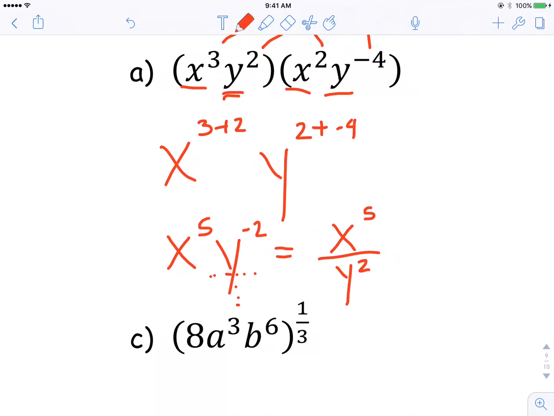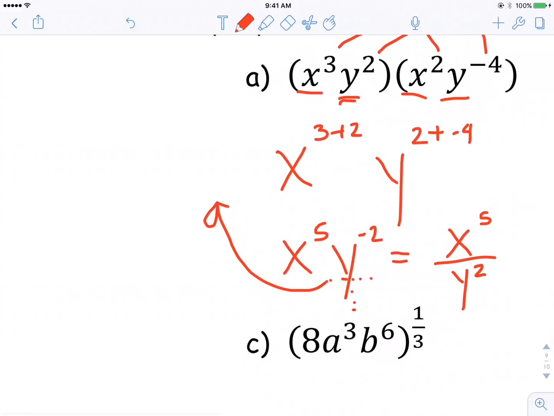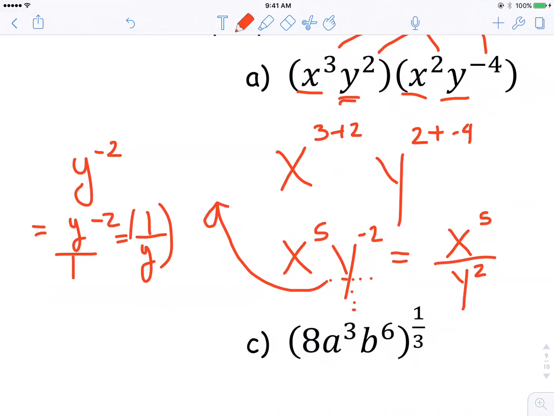Now, if you needed a few extra steps, then we look at this here. Remember that y to the minus 2 would be the same as y over 1 to the minus 2. We flip that fraction, becomes 1 over y, all to the positive 2 now, which is 1 squared over y squared, which is 1 over y squared.